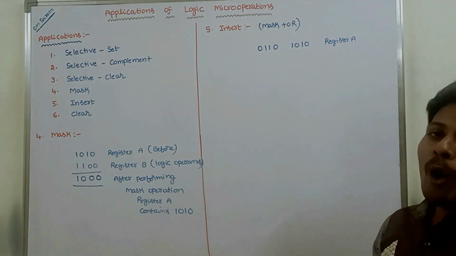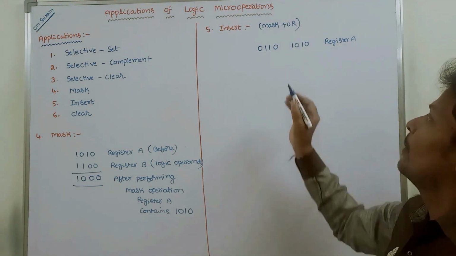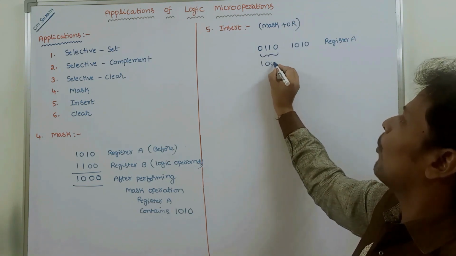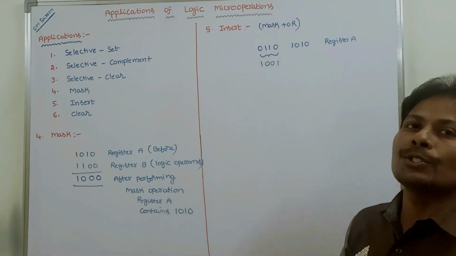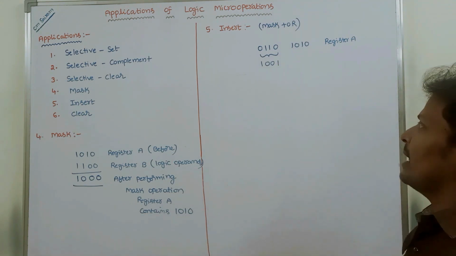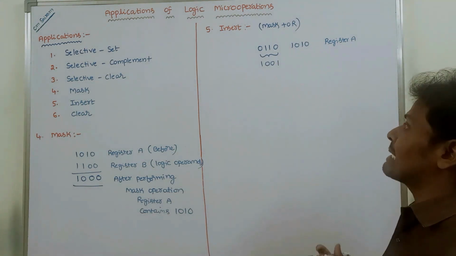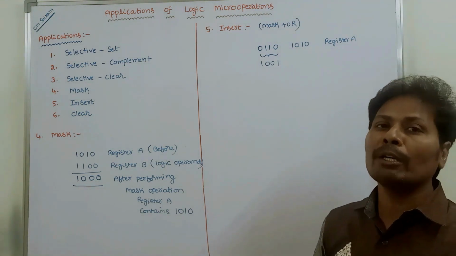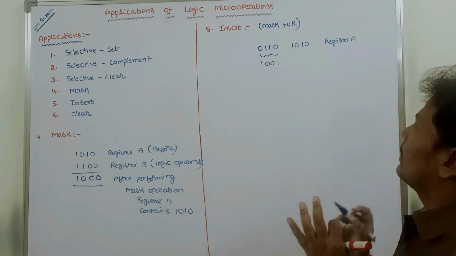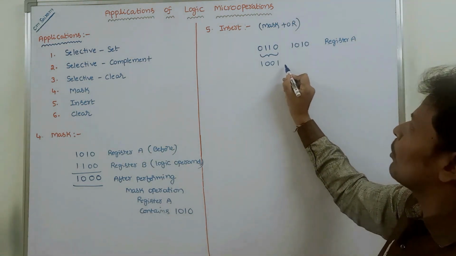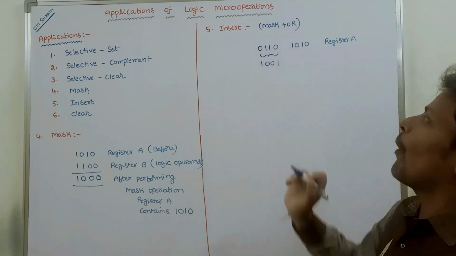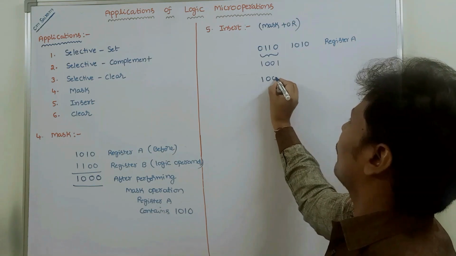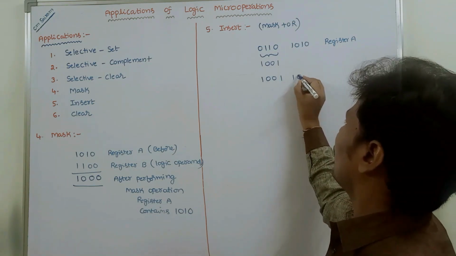Now I want to insert 1001 in the place of 0110. That means we want to insert 1001 in the place of 0110. After inserting 1001 in the place of 0110, we are getting the information as 1001 1010.